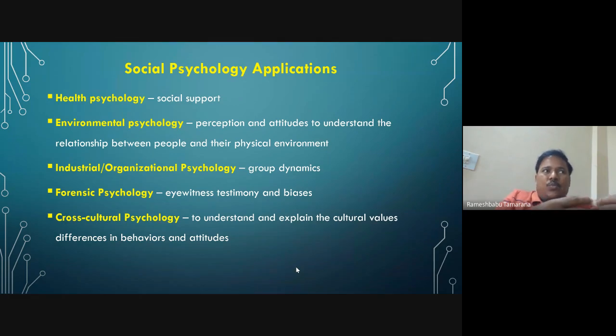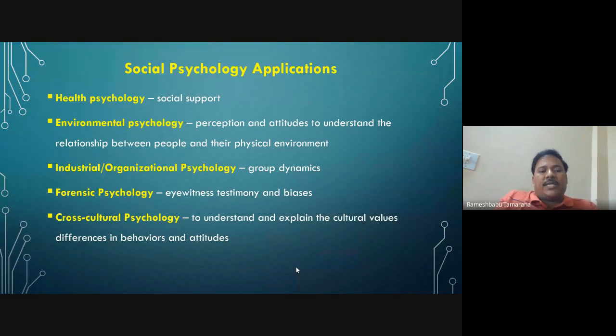So you see the perception and attitudes, the relationship between the people and their physical environment. These perceptions and attitudes are concepts that have come from social psychology in order to understand certain aspects of environmental behavior or pro environmental behavior.